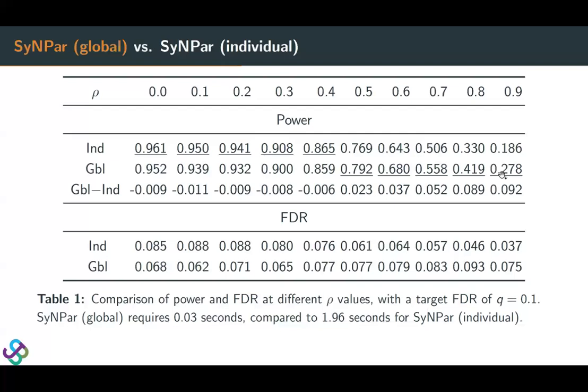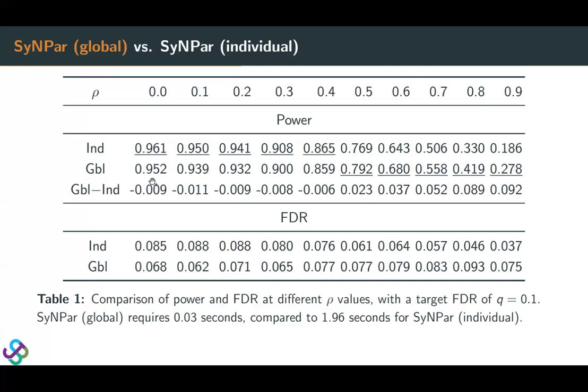This makes sense if you think about the feature correlation. If they're more and more correlated, then the individual null hypothesis will become more like the global null hypothesis. That is, if one feature has zero coefficient, then other features also tend to have zero coefficients. So the global null just captures them all.